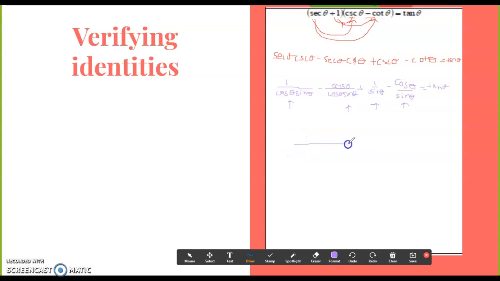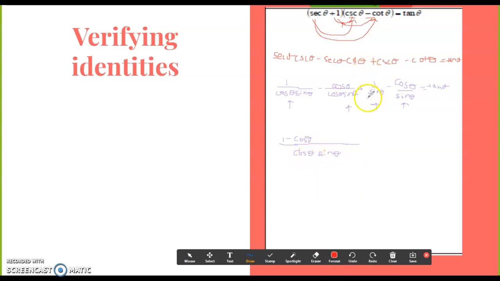For the first two fractions, since they already have that denominator, I can just bring those numerators down. So in the numerator I'll have a 1 minus, and over here I'll have that cosine of theta. I can bring it down because they already have the denominator of cosine of theta, sine of theta.